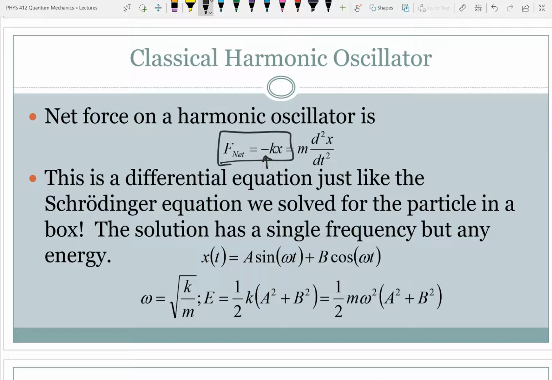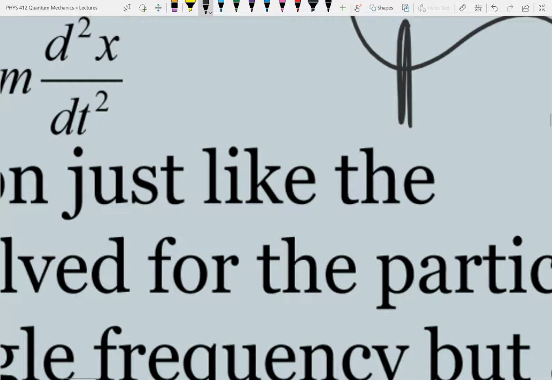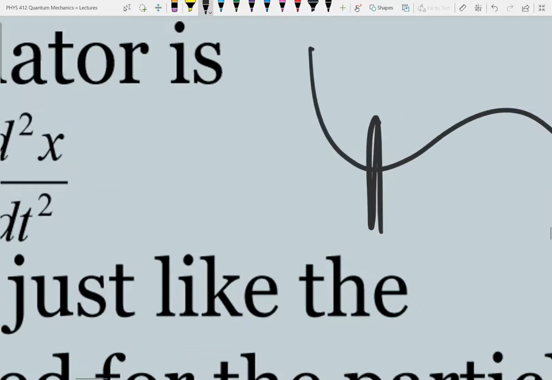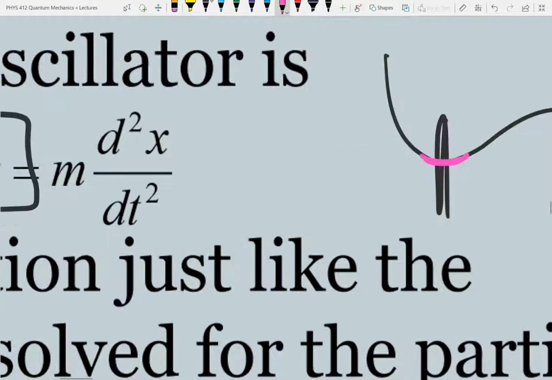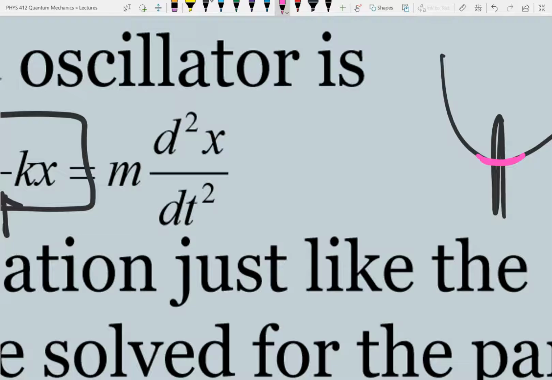In fact, anything that has a curvy shape, if you take the bottom of the curve and you zoom in, and you zoom in enough, in the small region around the bottom of the curve, it's going to be something that you can model to a first order approximation as obeying this rule.